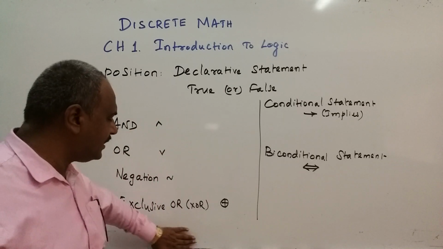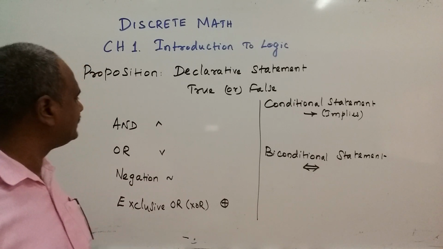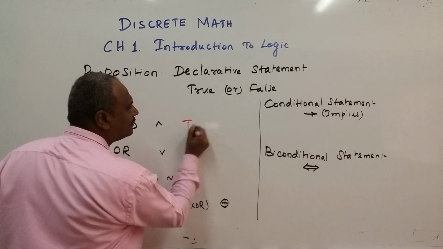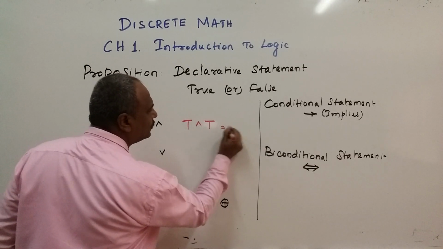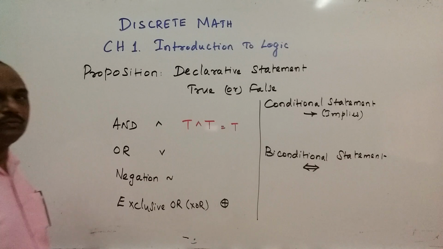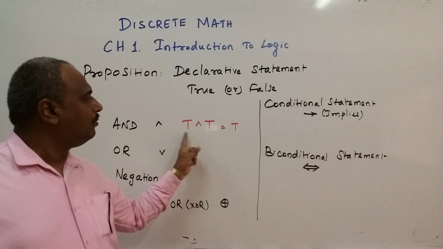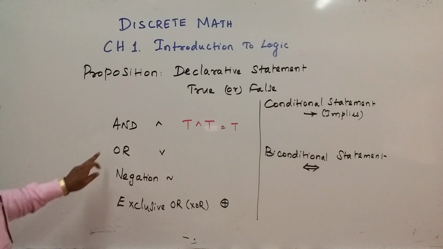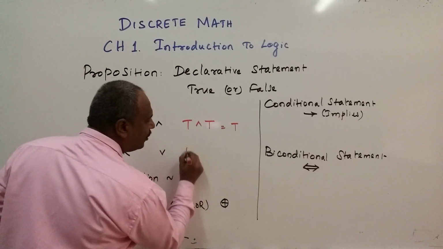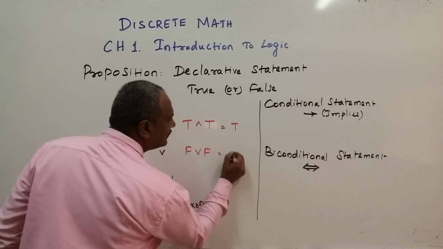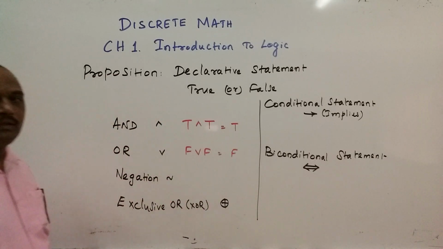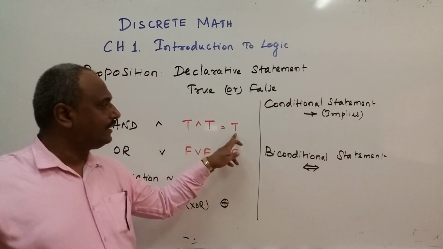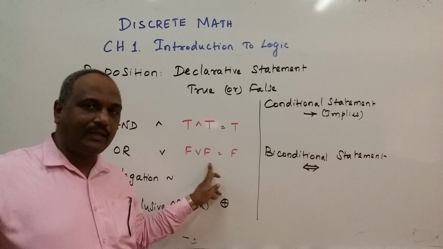Just let me recollect what we discussed. For AND, we said when both the statements are true, the output will be true. For OR, we said when both the statements are false, the result is false; otherwise the result is true.